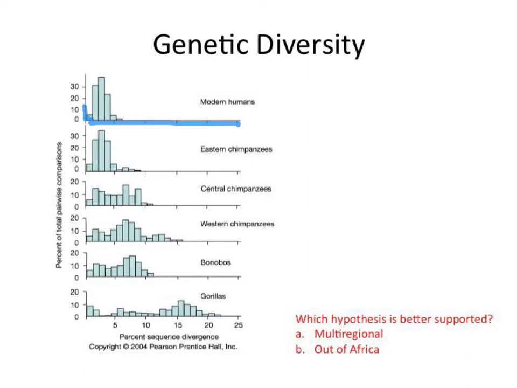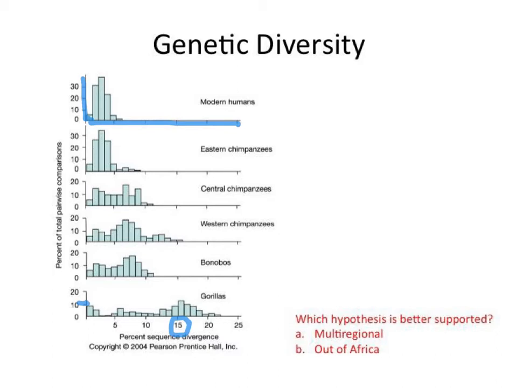And then the y-axis shows what percentage of the genes they compared that showed that many differences. So for example, if we look down at our last example, it's for gorillas, we can see that 15% over here of the genes that they compared were 15% different in their sequences between individual gorillas.